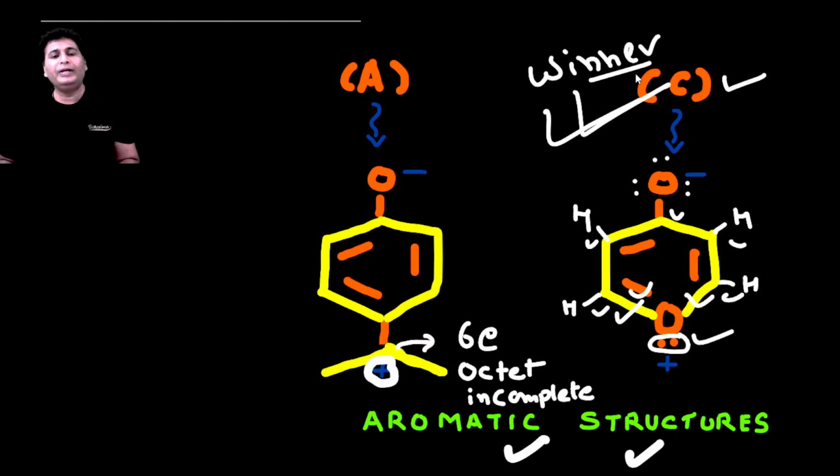That is how we deciphered that C is going to do the bond polarization. The shifting of the pi bond in the structure C will happen with utmost ease, with most tendency, and that is how it will have the highest bond polarity.